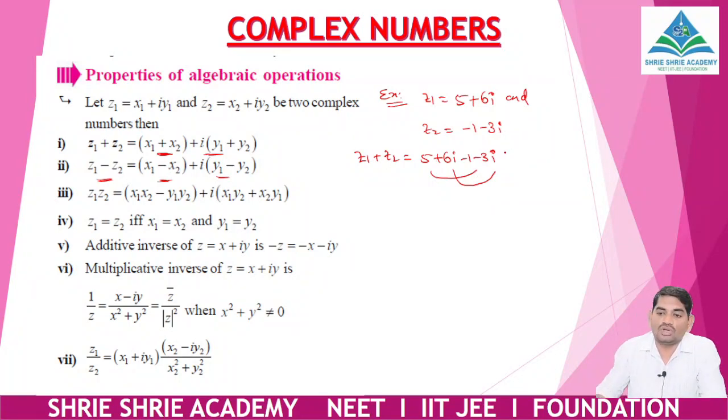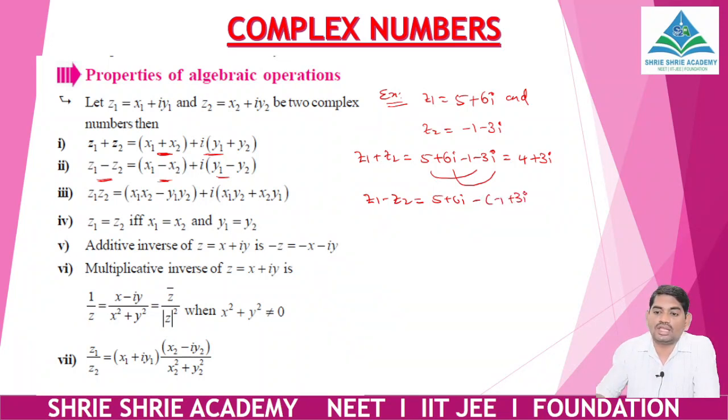So 5 minus 1 is equal to 4, and 6 iota minus 3 iota gives plus 3 iota. So the answer is 4 plus 3 iota. Similarly, if you want to find z1 minus z2, we have 5 plus 6i minus of z2. What is z2?